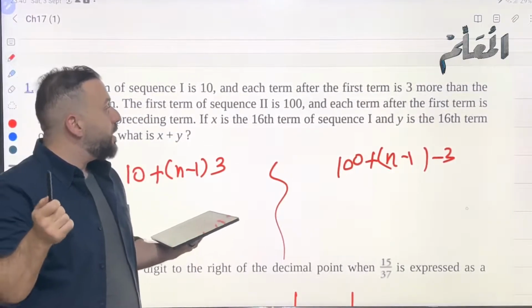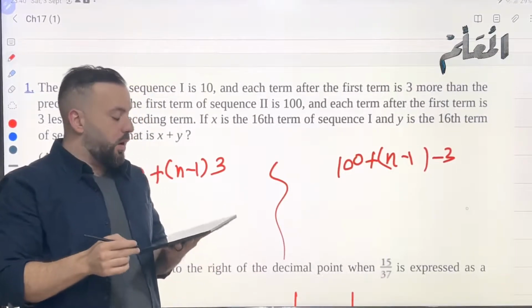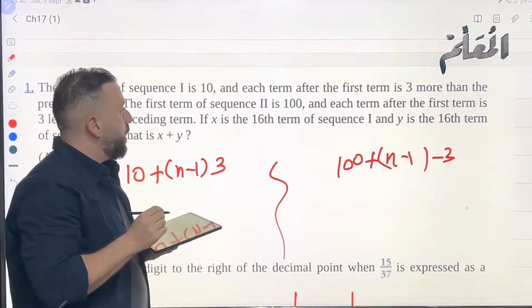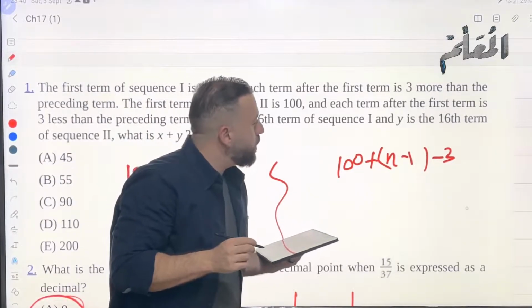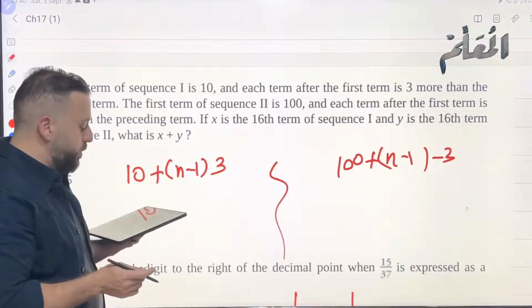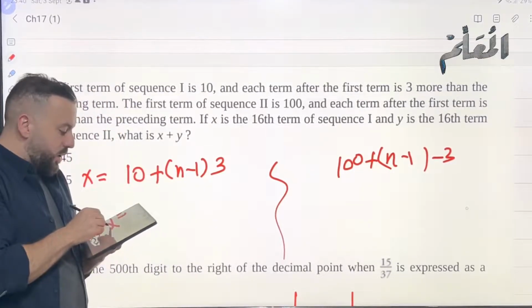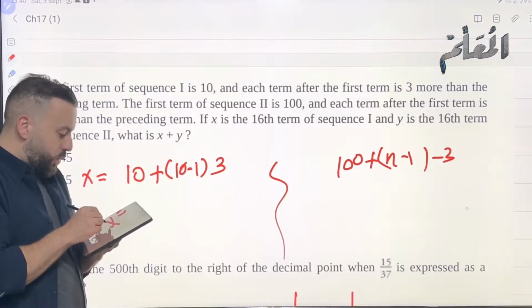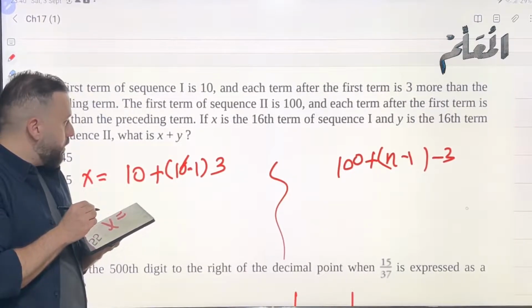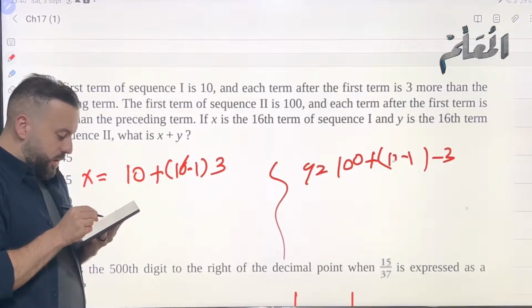So if x is the 16th term in sequence 1, and y is the 16th term in sequence 2, what is x plus y? That's going to be equal to x here, 16 means 16 minus 1. And here we call it y, and here it's going to be 16 again.